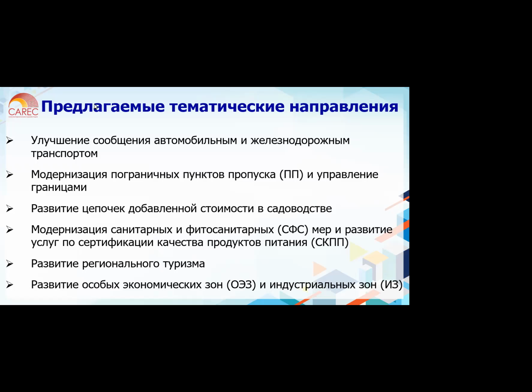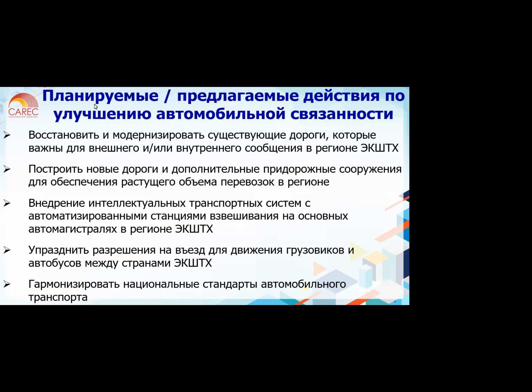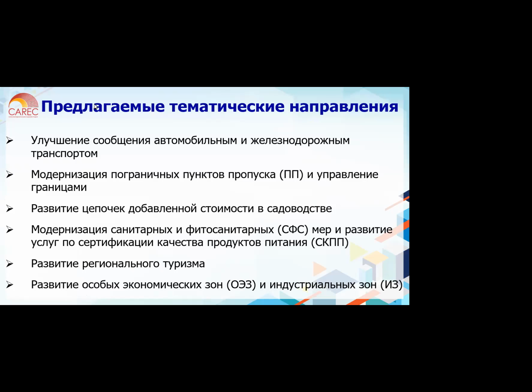Based on the plans of local and central authorities, based on their wishes and suggestions, and also based on the suggestions of other stakeholders, for each of the thematic areas we have drafted a list of planned activities. Some activities are already underway, and also there are measures that are only being suggested at the moment.